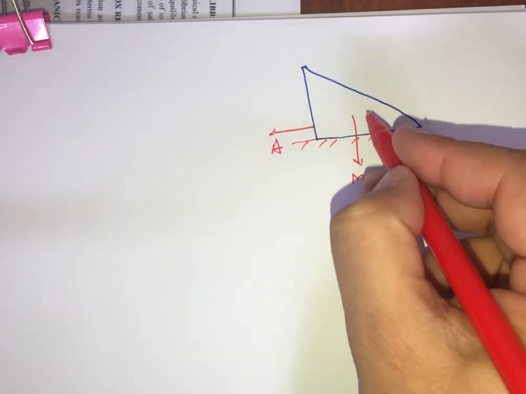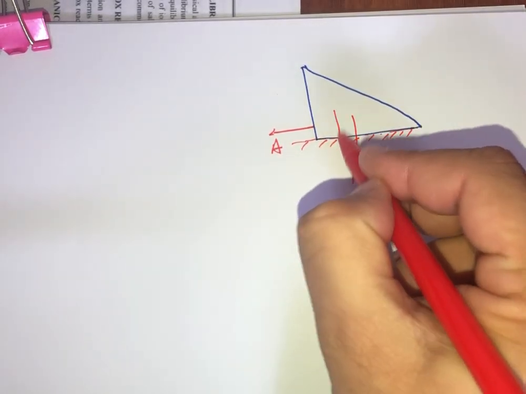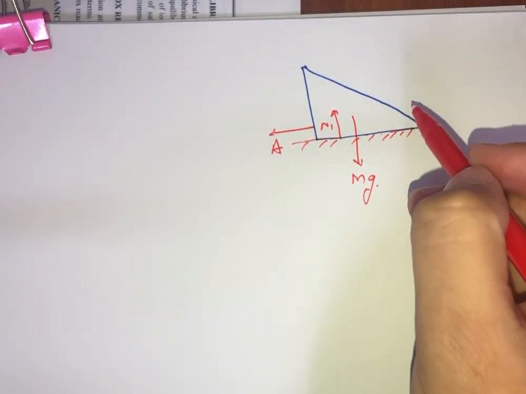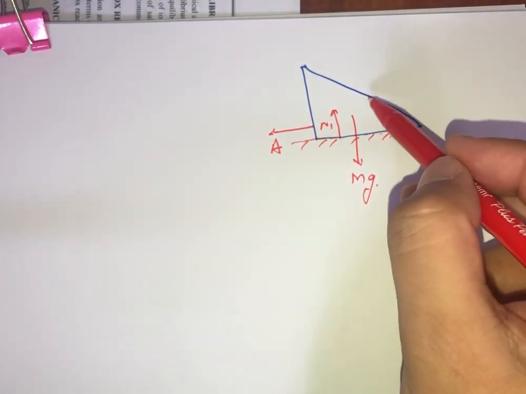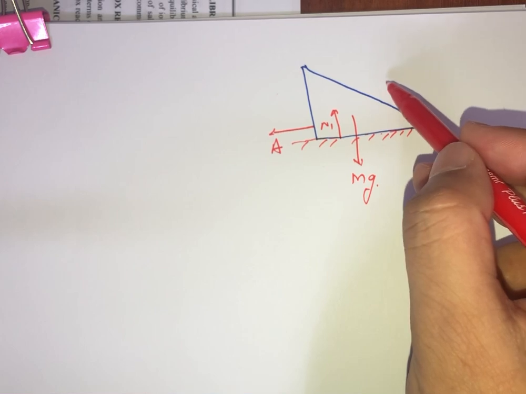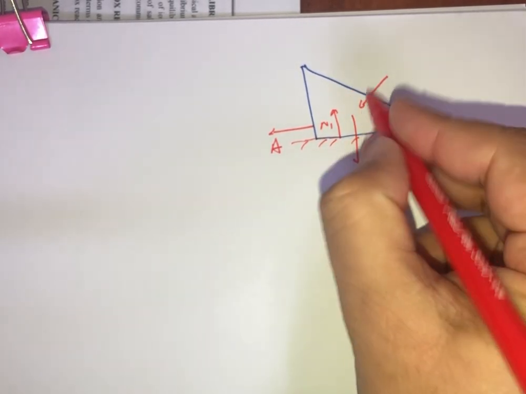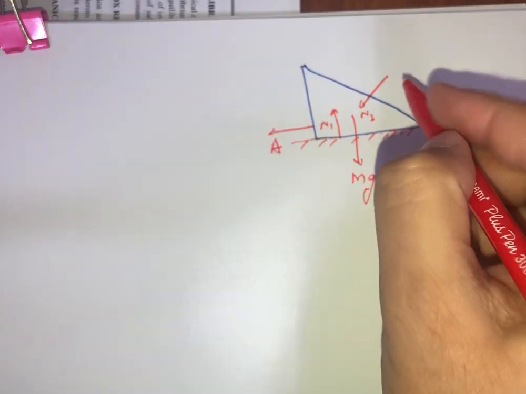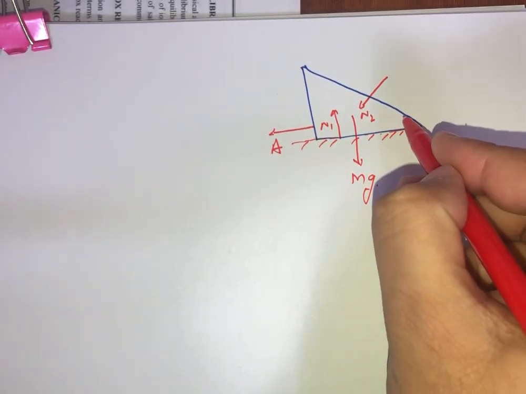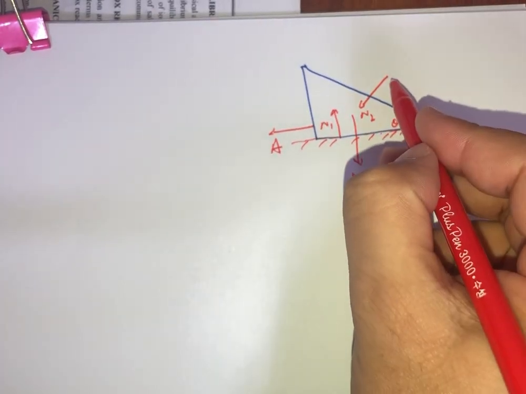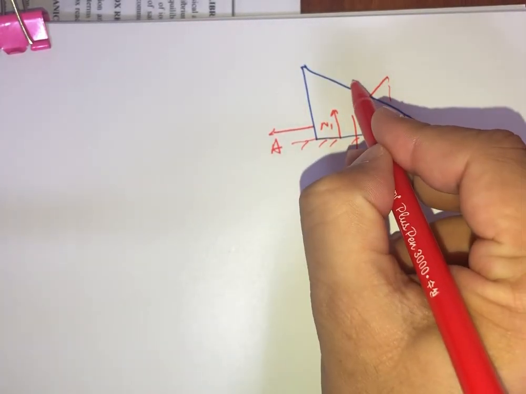So there will be a normal force acting in the upward direction. Let us call that N1. And there will also be a normal force because of the mass small m, and it will be acting like this. Let us call this N2, and this angle is theta. So let us divide this N2 into component form.